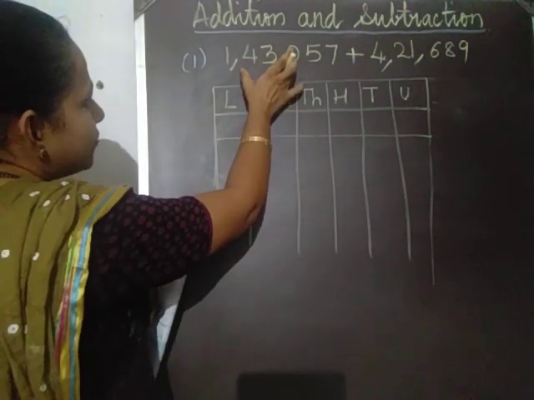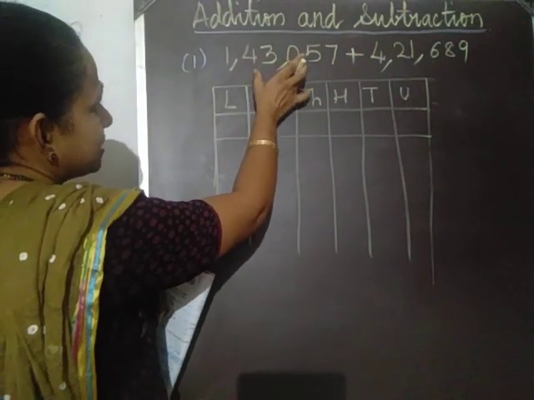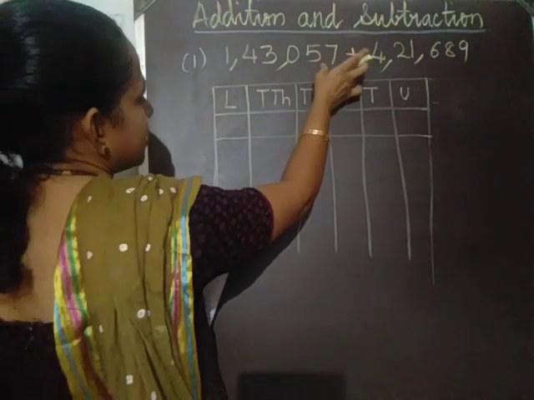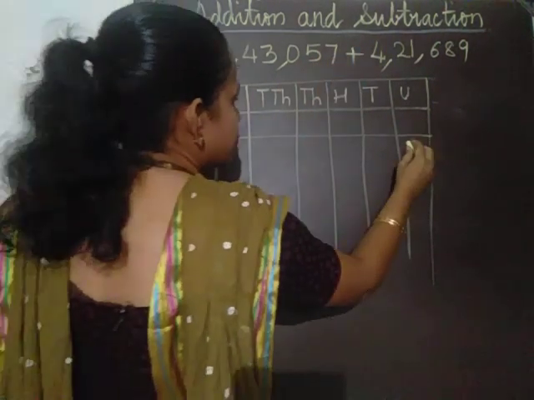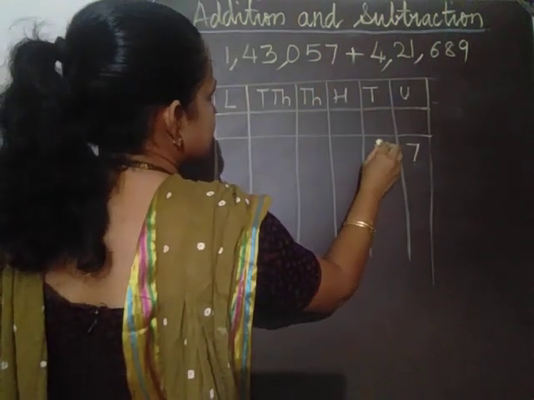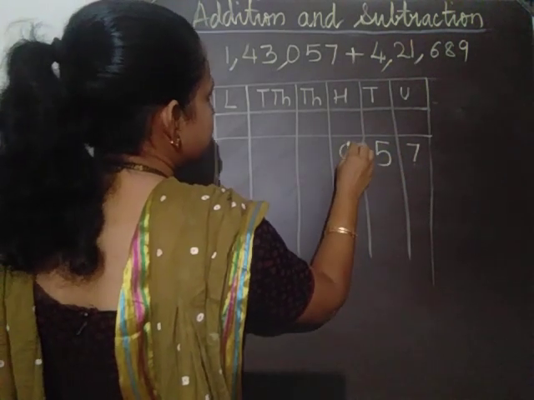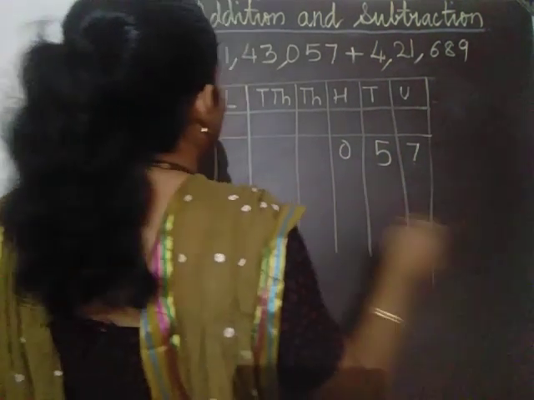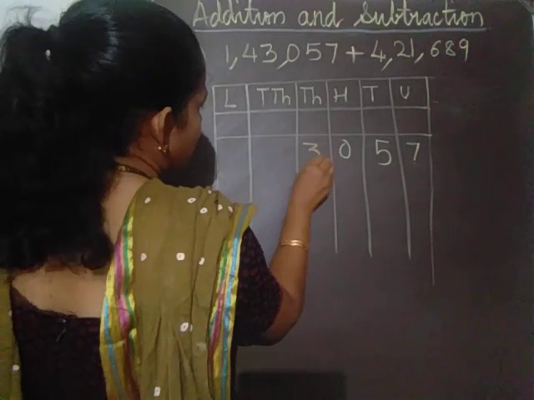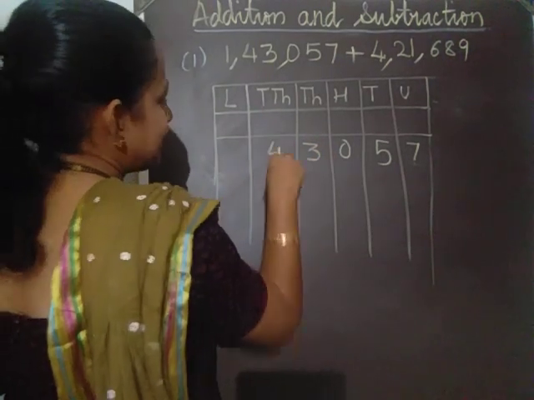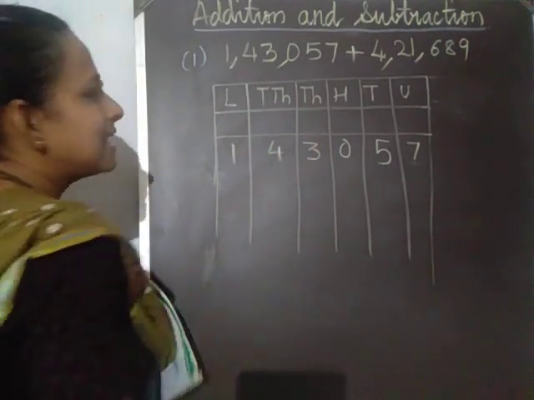So let me write the first number, that is 1,43,057. So 7 is in units place, 5 is in tens place, 0 is in hundreds place, 3 is in thousands place, 4 is in 10,000 place, and 1 is in lakh place.